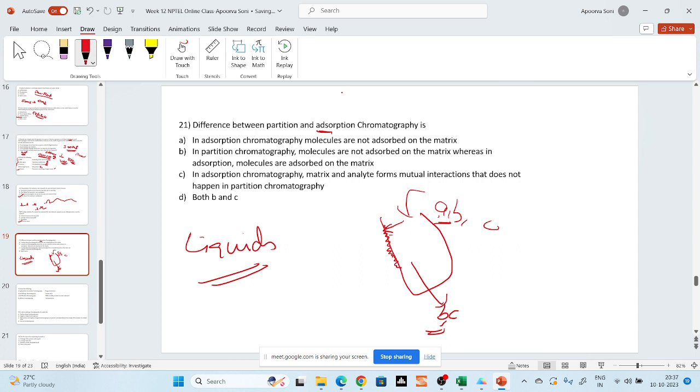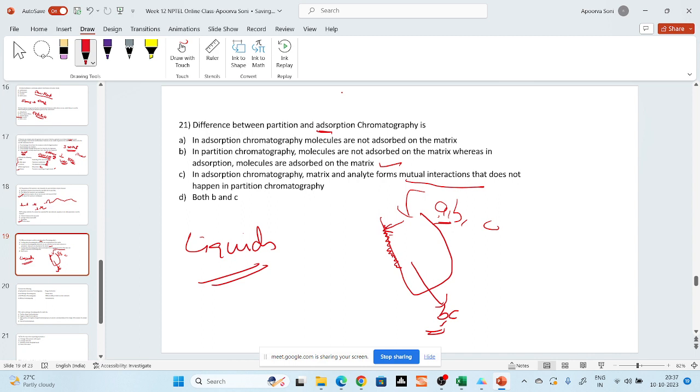Now this interaction can be of any type. It can be hydrophobic interaction, it can be ion interaction chromatography, it can be affinity chromatography, bioaffinity chromatography. So the kind of interaction between the analyte and matrix can differ, but the basic principle is that in adsorption chromatography, molecules are adsorbed and there is some mutual interaction. That does not happen in partition chromatography.